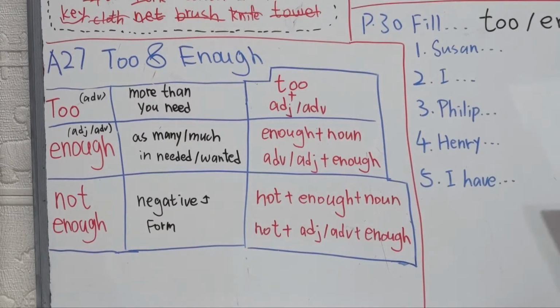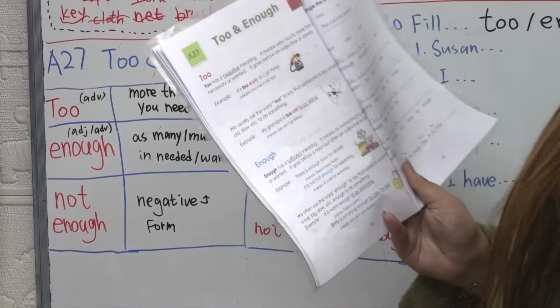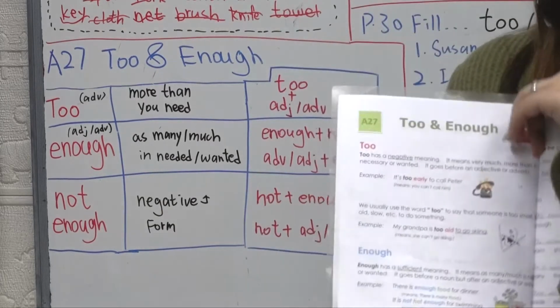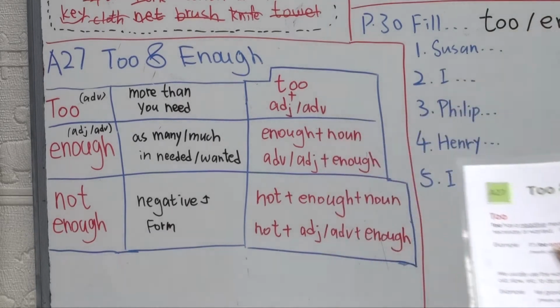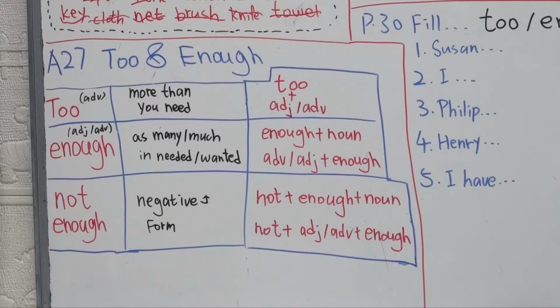So just like in your book, let's have a look in your book. It's too early to call Peter. Here, the word early is an adverb or adjective? Look at the first example. Early is the adverb, okay? Here, it's used as an adverb. Too early to call Peter.